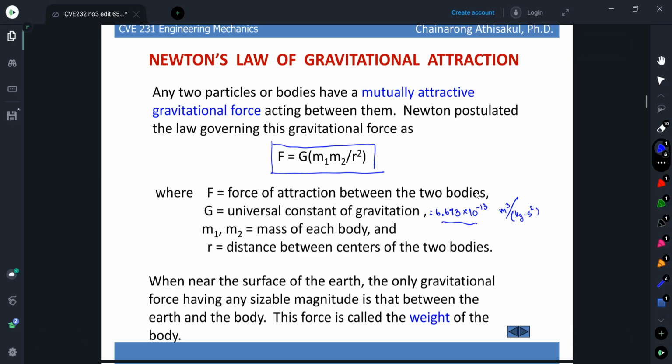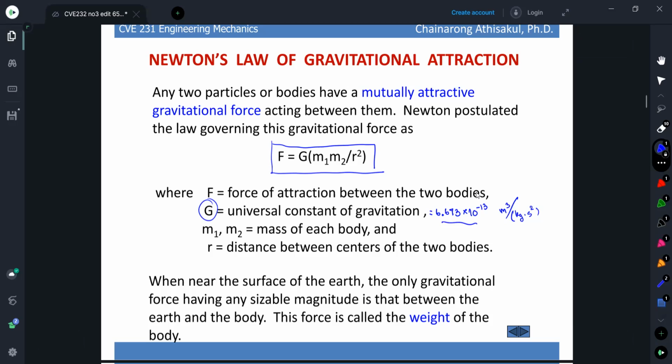We may find that for any two bodies, we don't feel anything when we are close to each other because the constant G is very small. But in comparison with the Earth, that is a big mass.